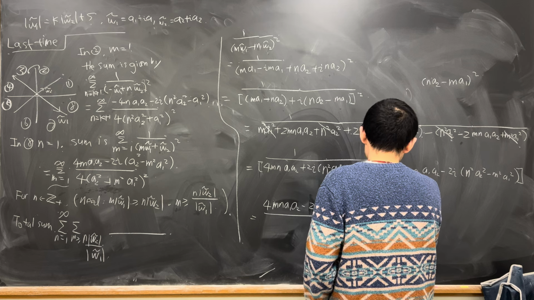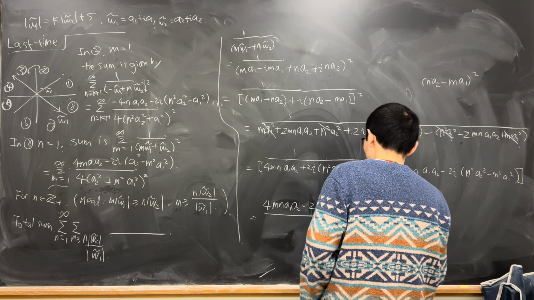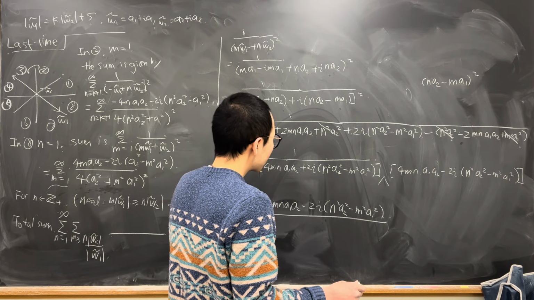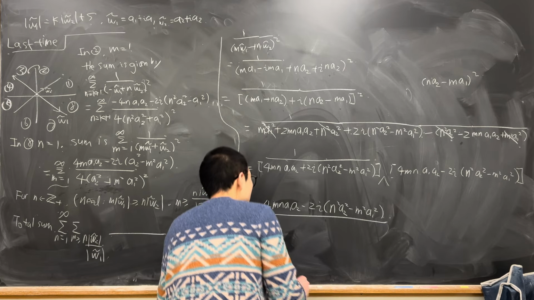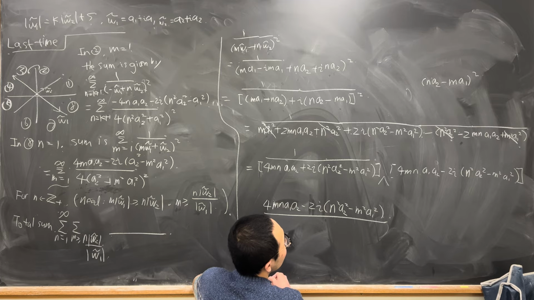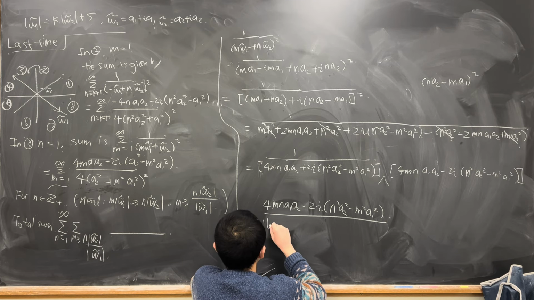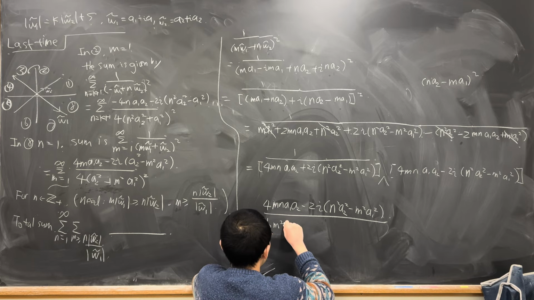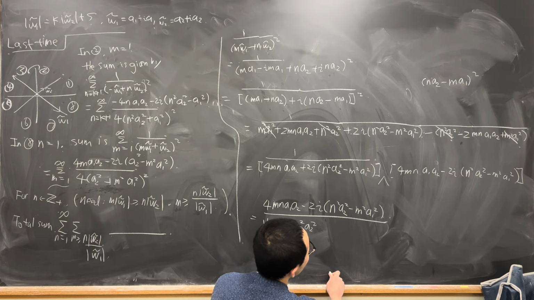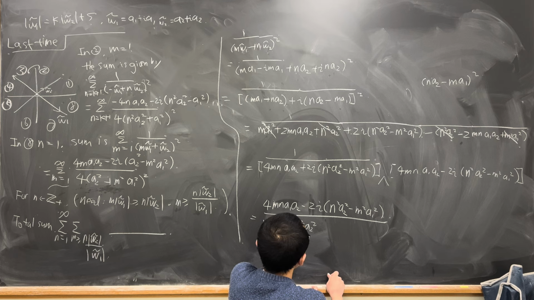Okay, and then, yeah, so 16 m squared n squared A1 squared A2 squared, and then it should be a plus, right?